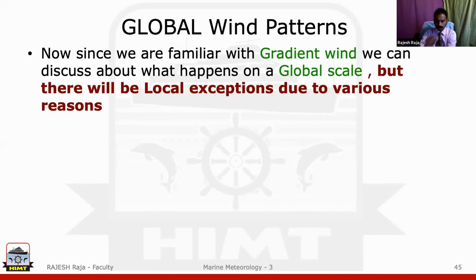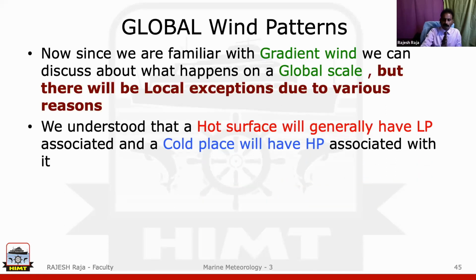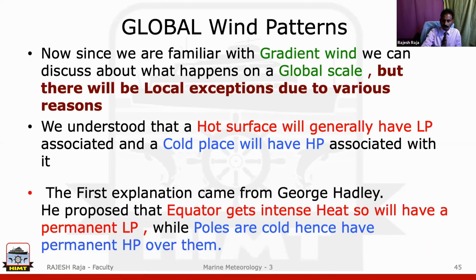It is very similar to the gradient wind, but on a global scale, with local exceptions. Now, we already saw that if I have a hot surface, I will generally tend to have a low pressure there and rising air. Cold place, I will have more dense and descending air. So this is what we have seen.